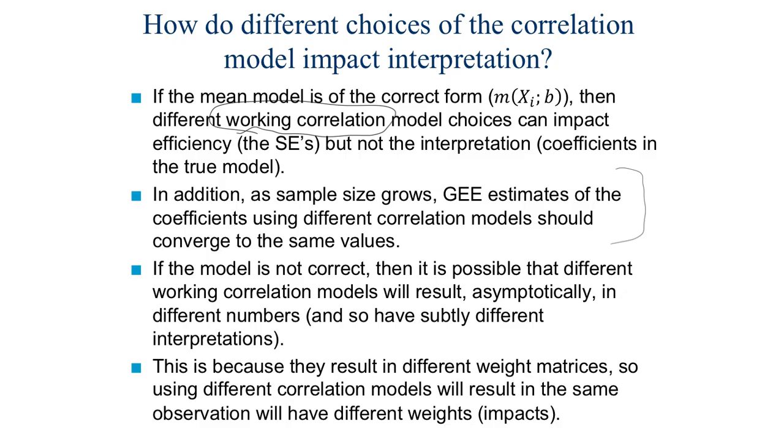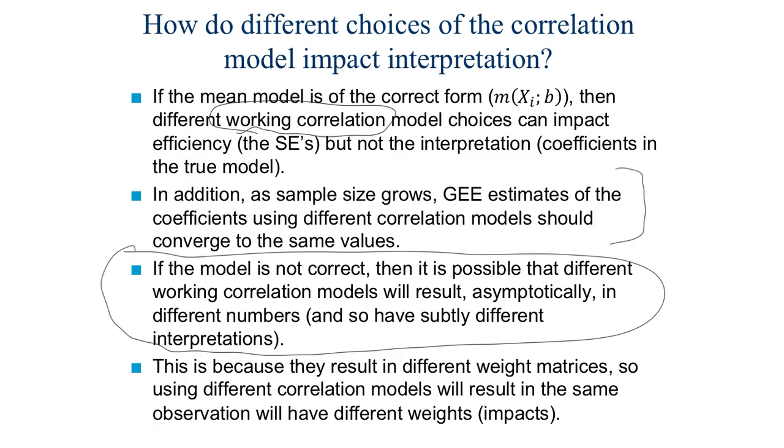However, and here's the complicated part, when you get down and dirty, things often get ugly and complicated. If the model is not correct, not your working correlation model but your mean model, then it turns out that each of these different working correlation models will give you a different projection. So if my mean model is not correct, it's going to fit through the data, and how it fits through that data is going to be a function of the weights I give observations.